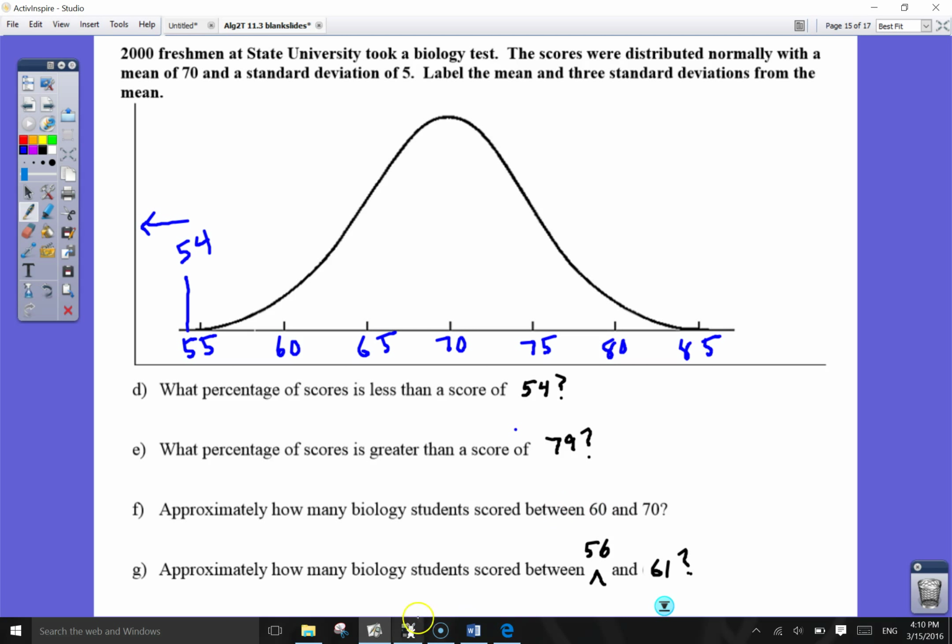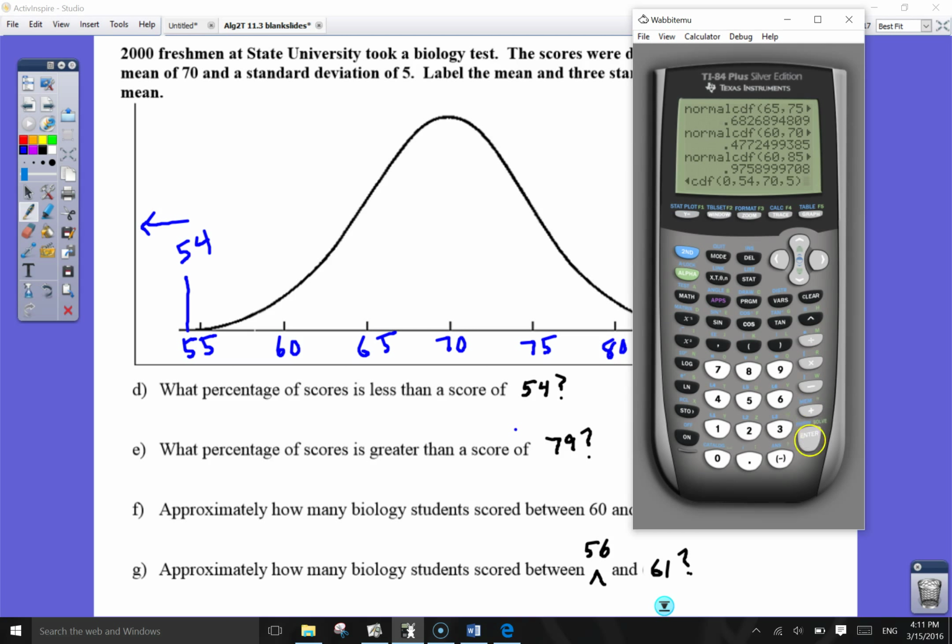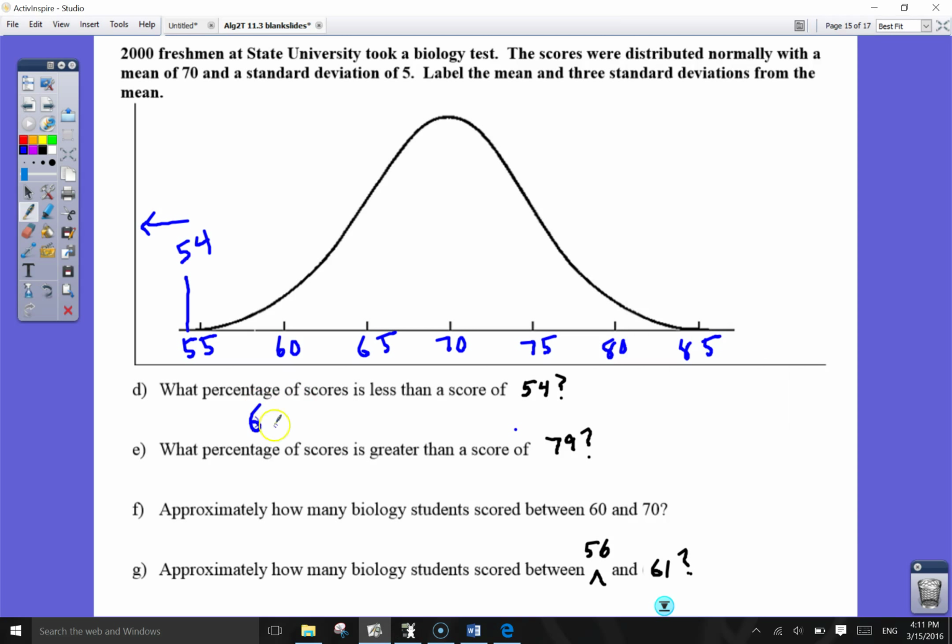Second, vars 2. And this time, the lower bound is going to be something small. I'll put 0. The upper bound is going to be 54. And the rest is there. 6.87 times 10 to the negative 4th, which is a decimal.